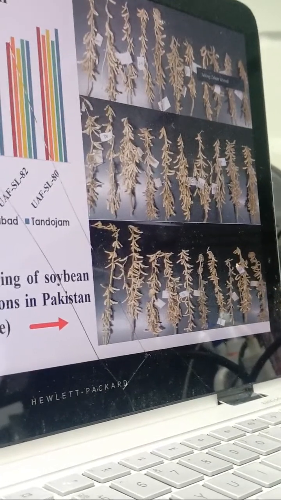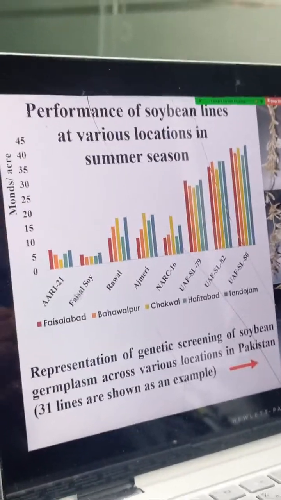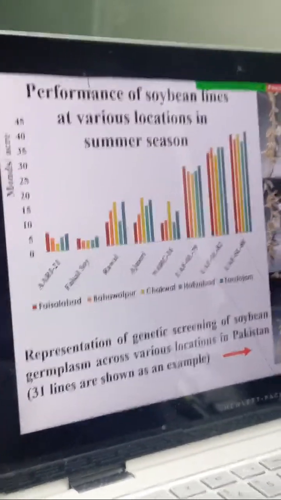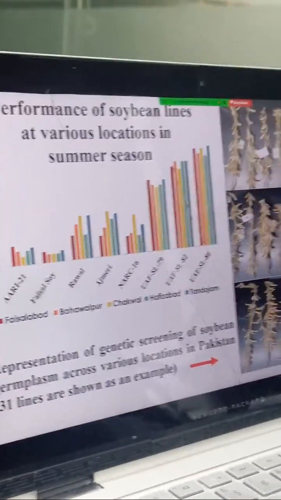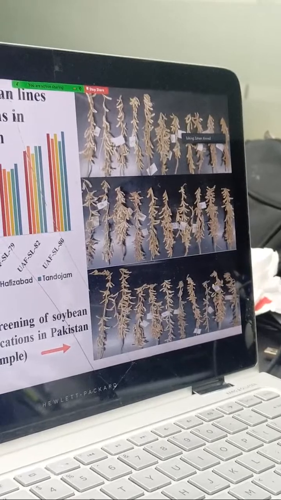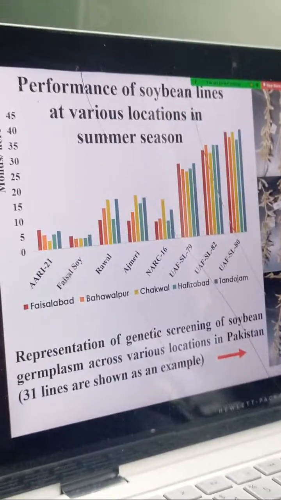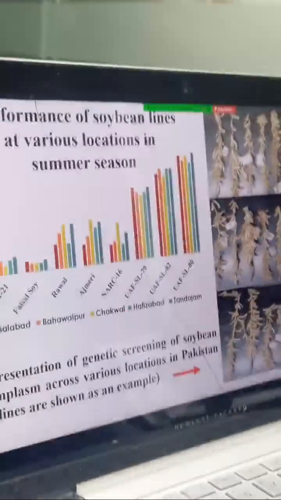Again, this is the genetic evaluation we have, and here you can see a dramatic change. This material is again from spring season. When I talk about spring season, this is almost mid March or early April sowing, and the material matured at a temperature above 45 degrees.